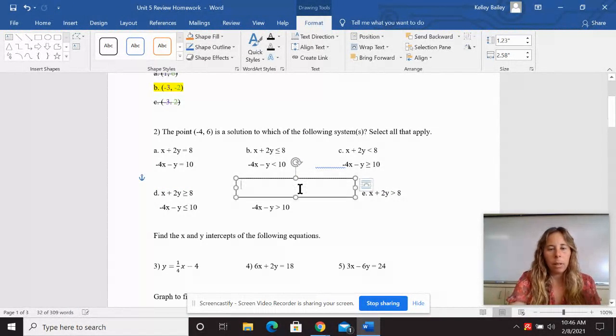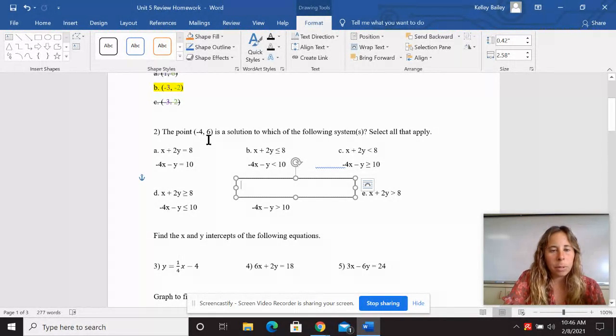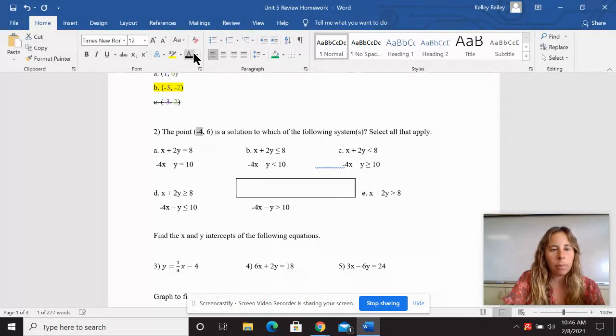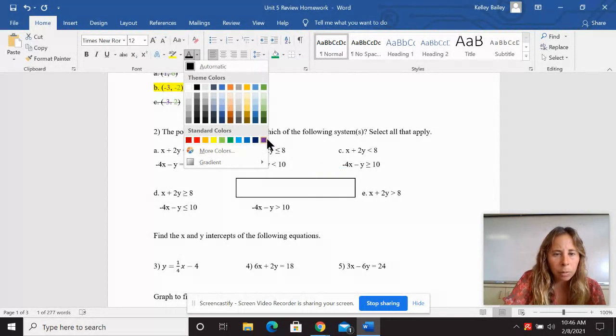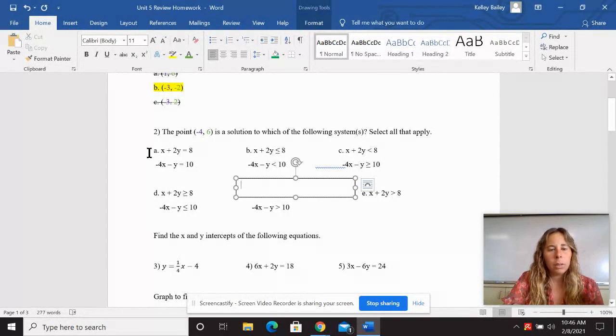Let me color code just real quick. I might not do this on all of them. We were making x purple and y green. Okay. So we're going to try A.